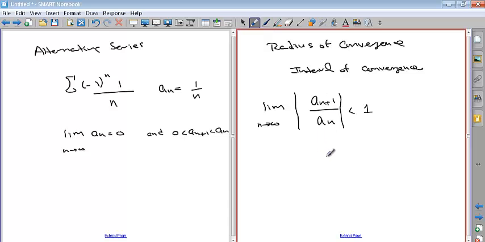In a lot of cases, what we end up with after simplifying everything down is something like, you know, x plus 3 divided by 5. It has to be less than 1.